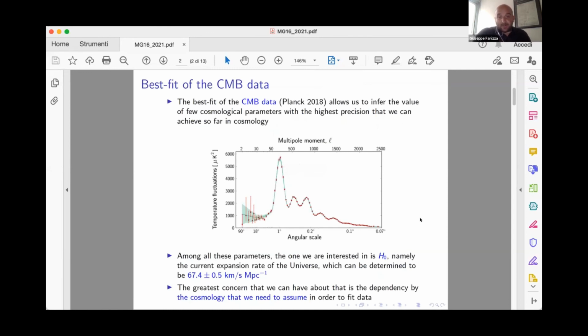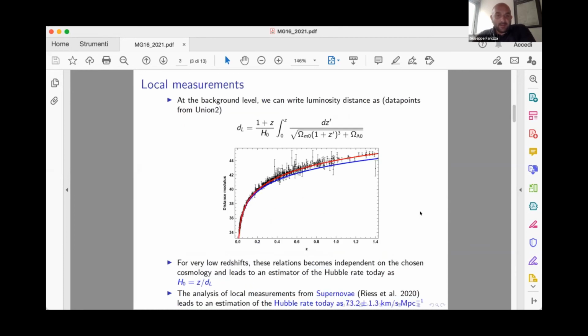Just a brief recap about the state of the art, even if I think it is not really necessary because it's been widely discussed during these sessions. We know nowadays that there is a tension between the estimation of H0 coming from CMB data, which are precise enough to allow us to do precision cosmology, but still need an assumption of a cosmological model to fit the data, and the local measurement. We can infer the value of H0 from the luminosity distance-redshift relation.